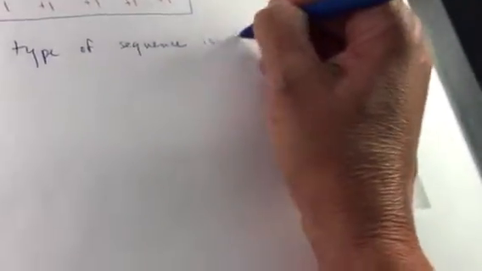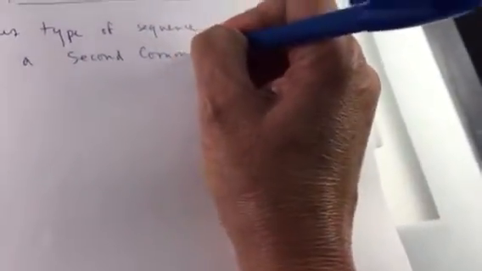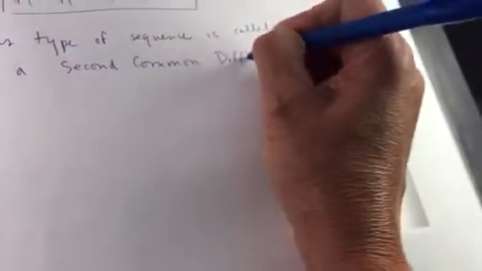So this type of sequence is called a second common difference. Or you might say common second difference.